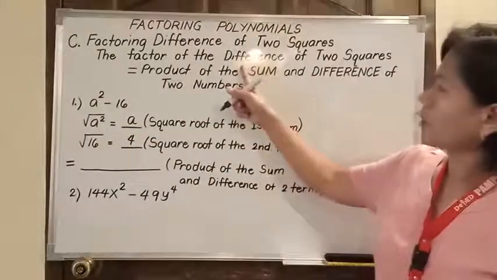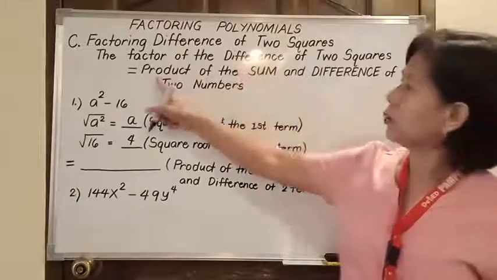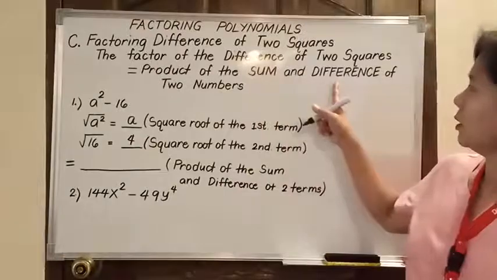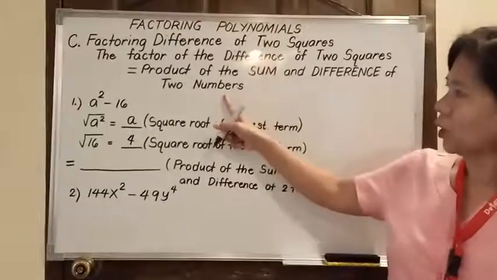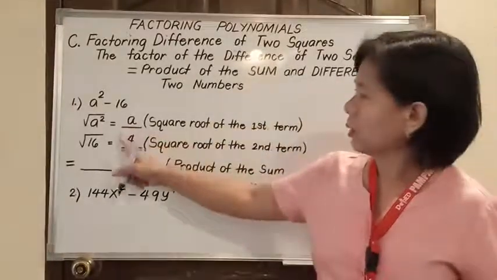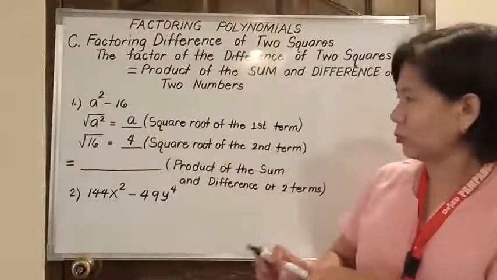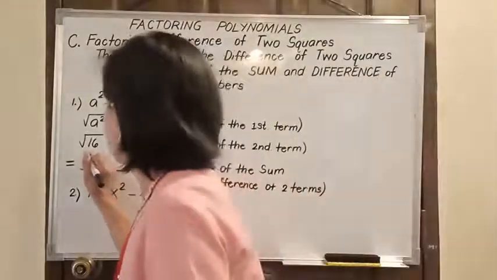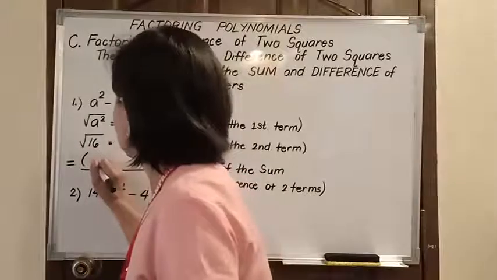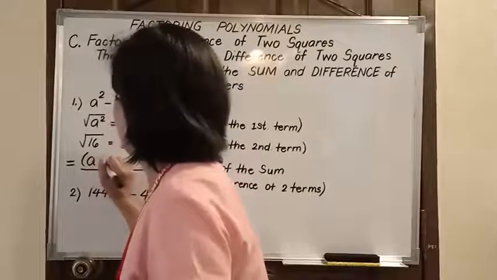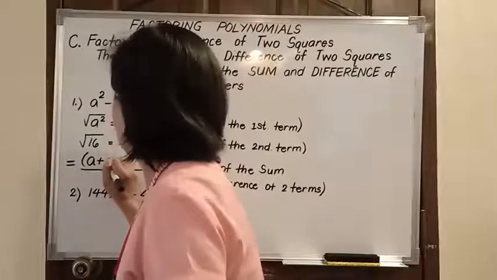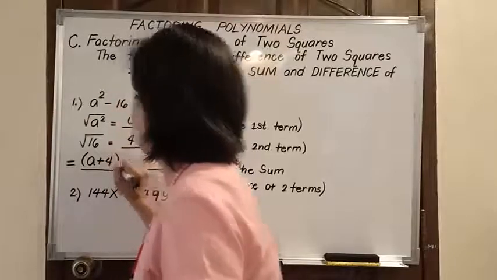Now, for the factor, it should always be the product of the sum and difference of the two terms. So you get the sum and difference of the square root of the first term and the second term. So the first binomial should be the sum of a and 4, and that is the quantity a plus 4.